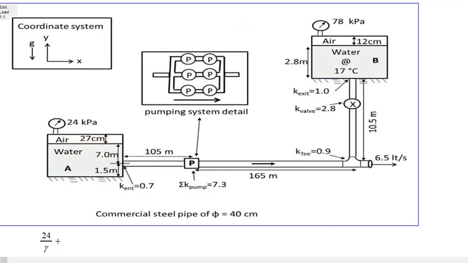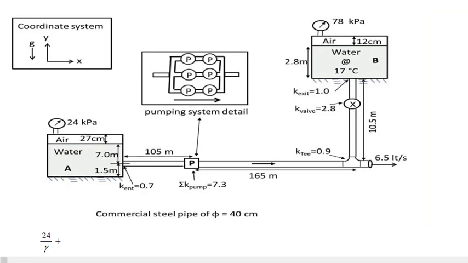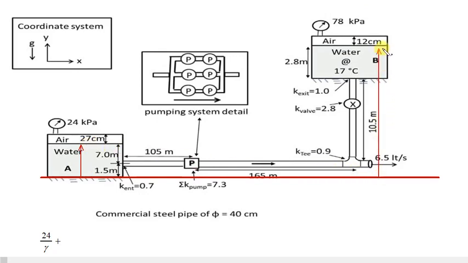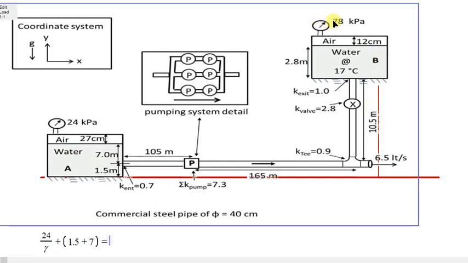So what I can understand from this is that there must be a datum line. I will try to make it this one. Is it possible? Yes, it can be. Then I would say this is the first elevation, that is the second elevation. First elevation, so it's going to be 1.5 plus 7 equals, try to write the three elements there.